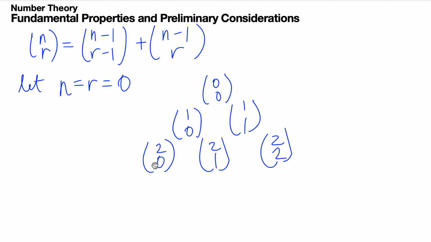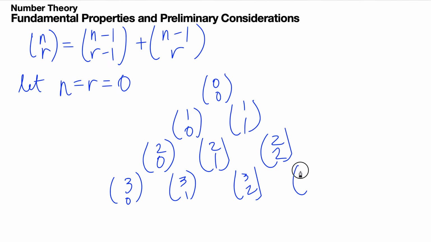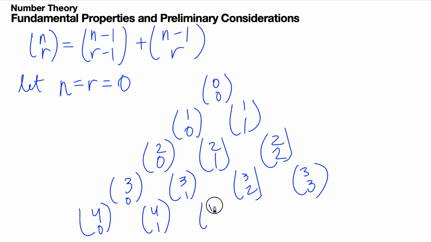By the same manner, we have 3 choose 0, 3 choose 1, 3 choose 2, 3 choose 3. And then the last for this example: 4 choose 0, 4 choose 1, 4 choose 2, 4 choose 3, and 4 choose 4.